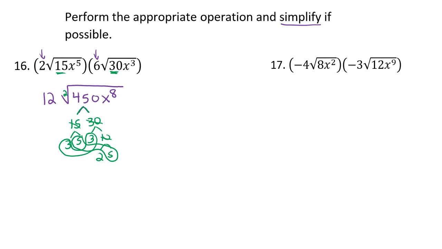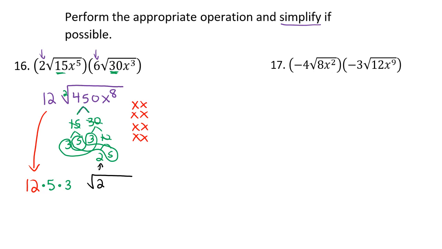So outside the radical, I've got the 12 that I originally had. Then I'm taking a 5 out and a 3 out, because that's what I was able to circle. Inside the radical, I have a 2 that's going to be left inside, because that 2 had nothing to circle with. Then I'm going to deal with the x's. I have 8 of them.